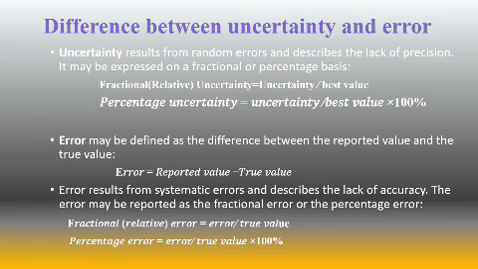The instrument limit of error, ILE for short, is the precision to which a measuring device can be read, and is always equal to or smaller than the least count. It can't be more than the least count.